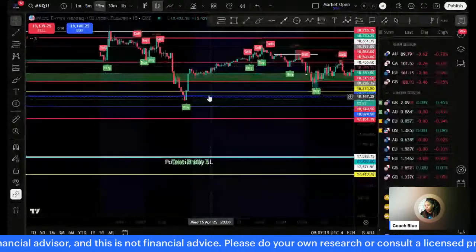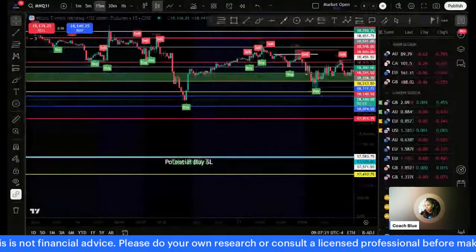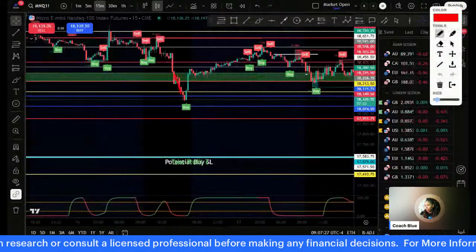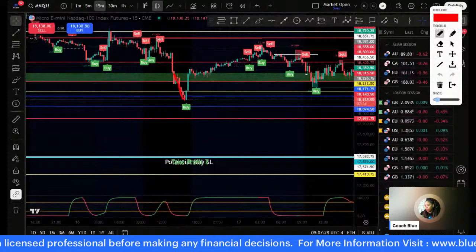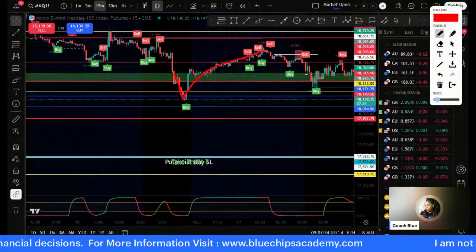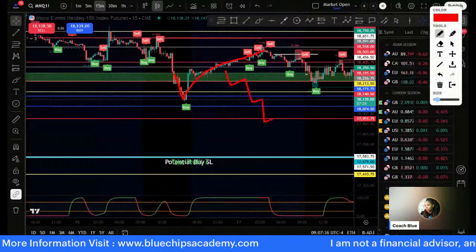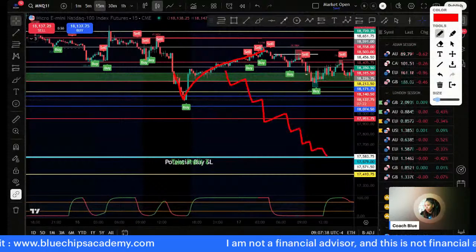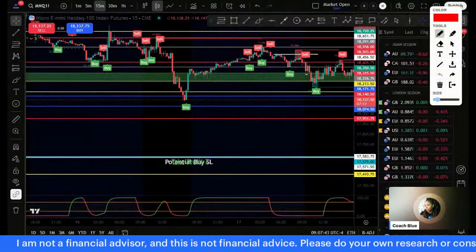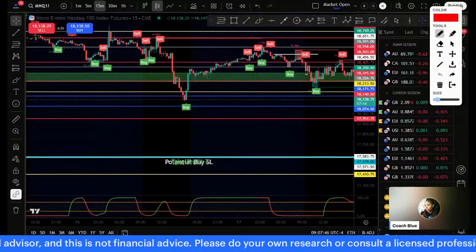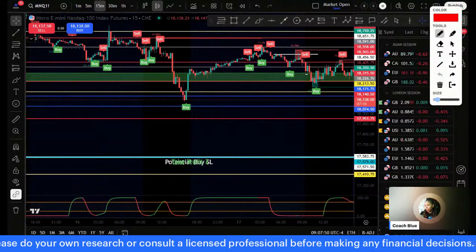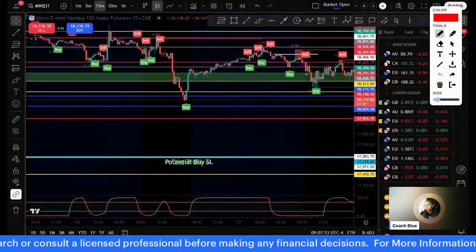So for instance, right here, I don't even know what day this is, but I'm just going to use this as an example. Price comes out of our zone areas, we don't get full continuation, and then price pushes up here. So there's no clean pattern moving out of this consolidated area. With that, we have to be extremely patient on our entries because there are more fake outs now. Definitely more fake outs now.